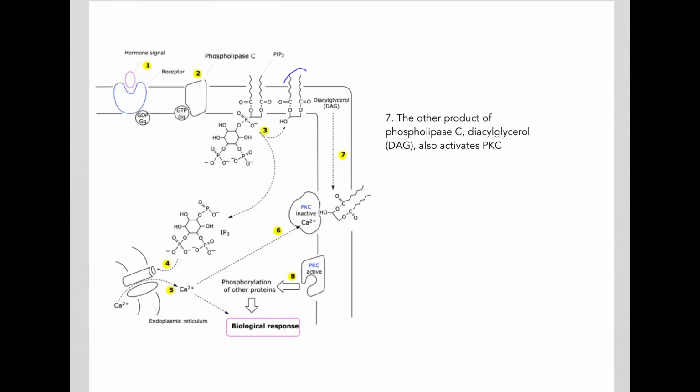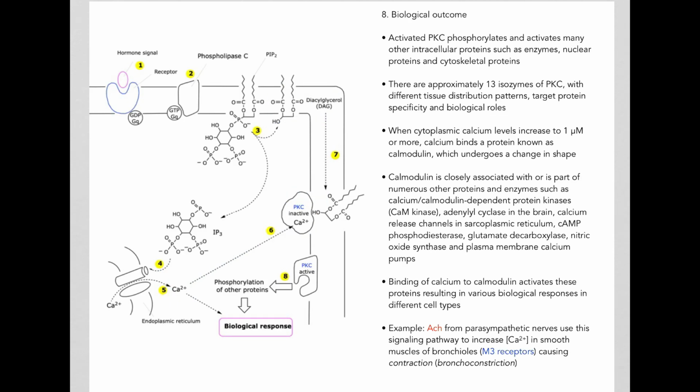Meanwhile, the second product that is formed from the phospholipase C catalysis, which is diacylglycerol, will also go and activate protein kinase C. So not only does the calcium activate protein kinase C, the DAG also will activate protein kinase C. Now, once protein kinase C is active, this protein will now go and phosphorylate and activate many other proteins, including various enzymes, nuclear proteins, as well as cytoskeletal proteins.